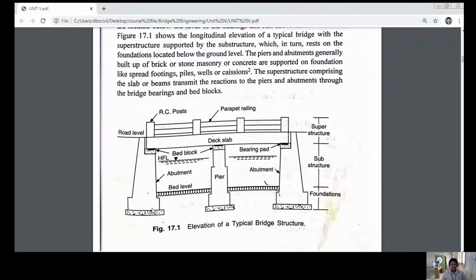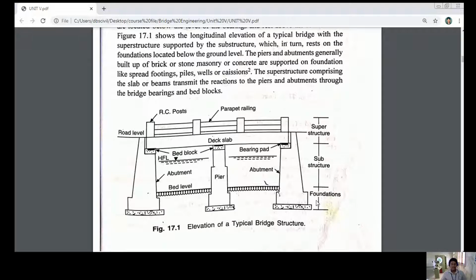What are all the things we could find? First, this part is named the foundations, next this structure is called the substructure, followed by the superstructure. Foundation is everything below the ground level.